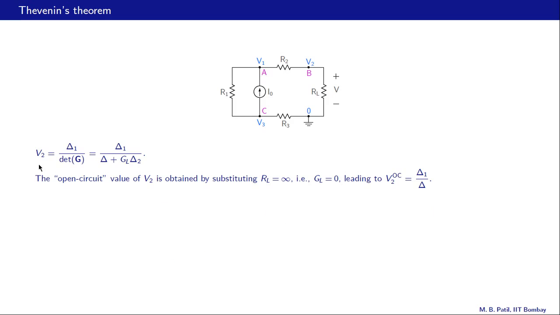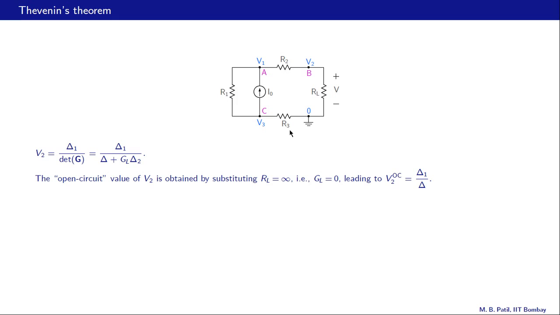So here is V2 once again, delta 1 divided by delta plus GL times delta 2, and let us emphasize once again that delta 1, delta and delta 2 have no dependence on GL or RL, and they will only depend on the circuit parameters here.